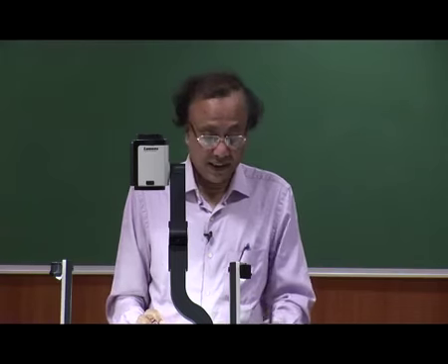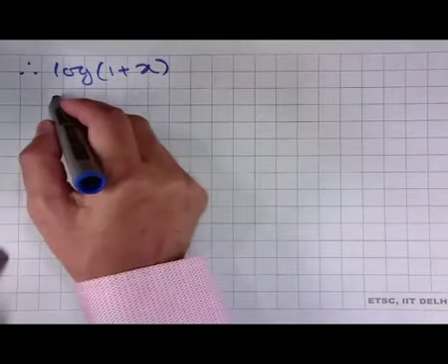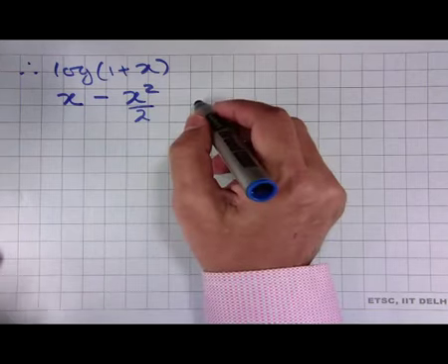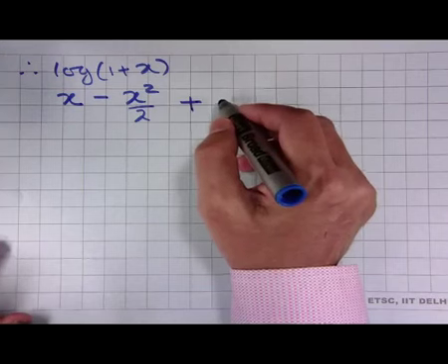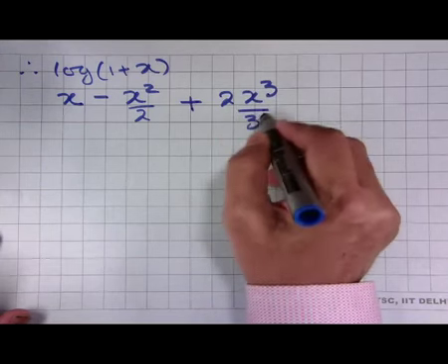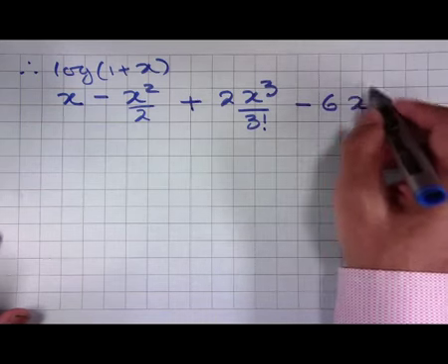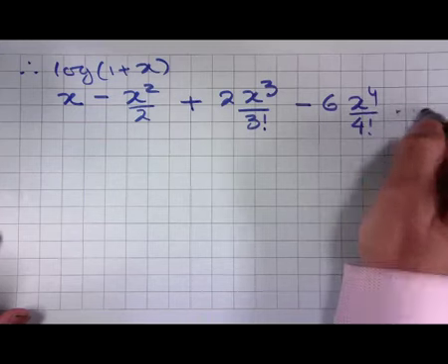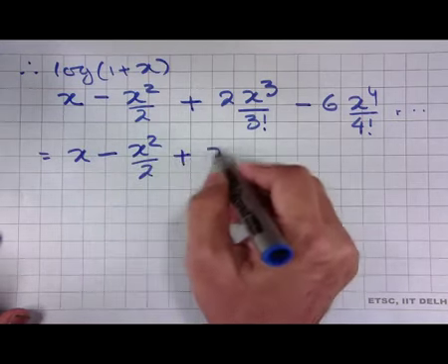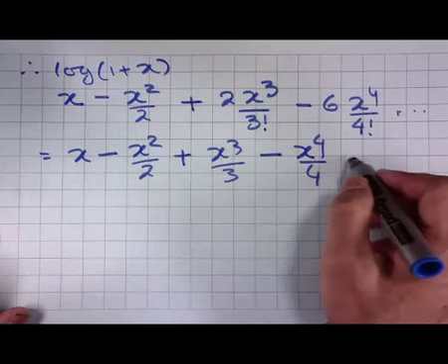Therefore, we can see that log of 1 plus x can be expanded as x minus x square by 2 plus 2 x cube upon factorial 3 minus 6 x to the power 4 upon factorial 4, which is equal to x minus x square by 2 plus x cube by 3 minus x to the power 4 upon 4, like that.